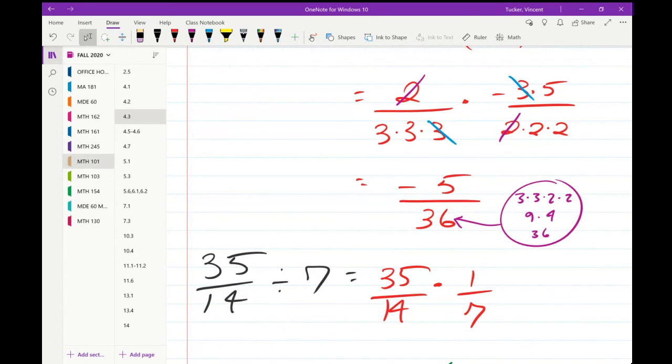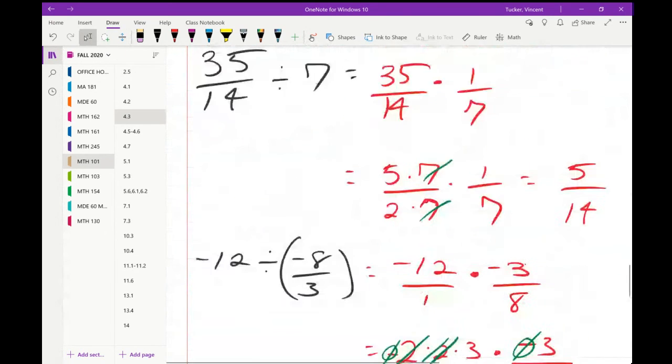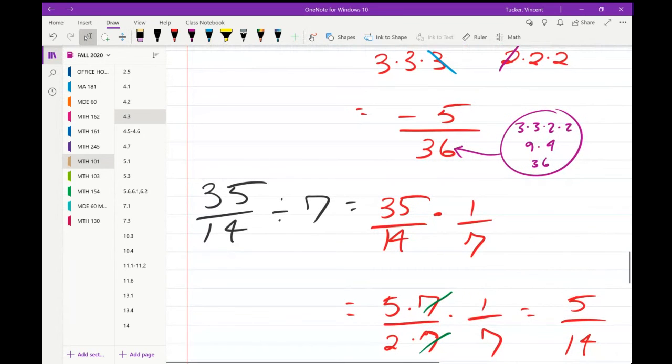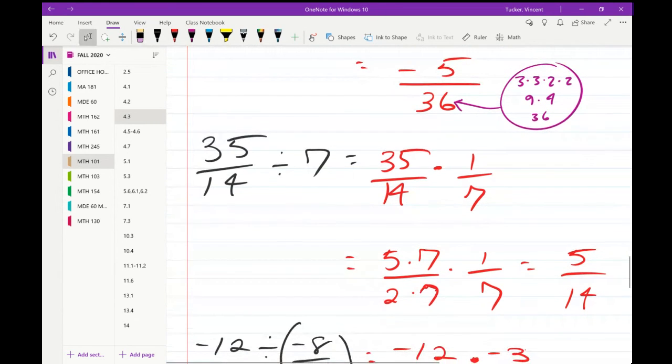Here we have 35/14. This might be the last one. All right, so we have 35/14 divided by 7. So 7 as a fraction is 7/1. So we flip it, it turns into 1/7. Here I broke down the 35 into 5 times 7. 14 breaks down into 2 times 7, and then you have 1/7 in that other fraction.